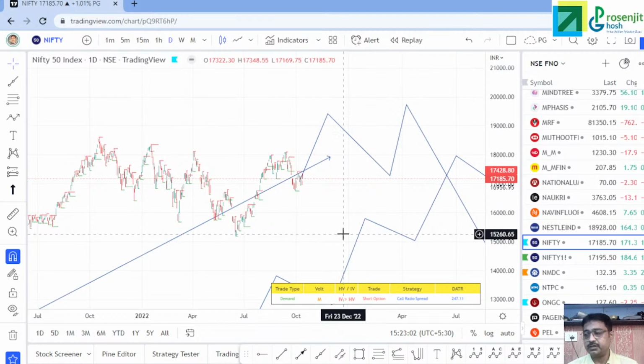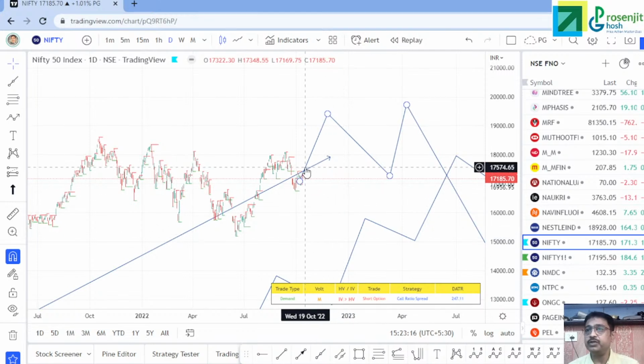Now the question is, if we want to go long, because we expect price to go up for at least a couple of weeks, then how to trade this? Where to trade this? Are we going to enter right now wherever the price stands, or will we try to find a trade? We will try to find entry, stop loss and target, and then we enter at a certain price.